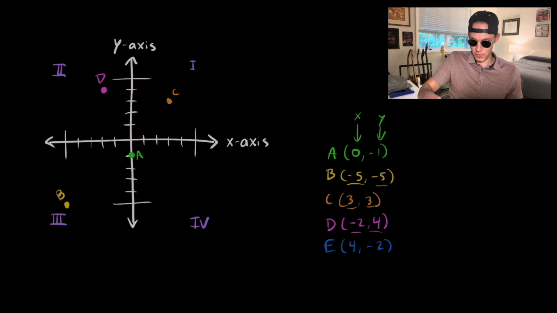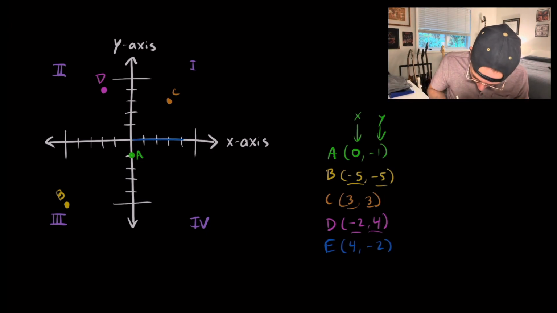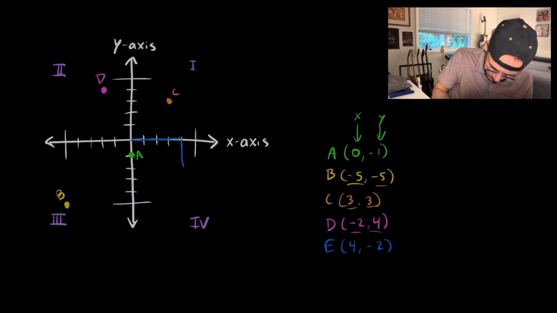This time we're going to go to the right 4, starting from the origin, and then down 2. So we're going to go right 4, and then down 2. And put a point right there, call it E.